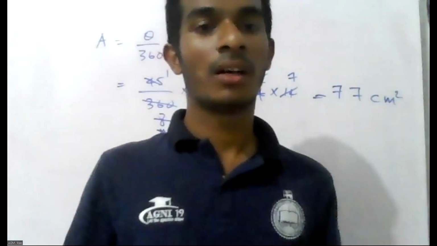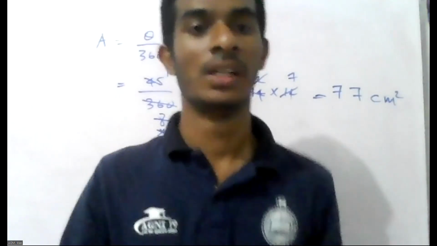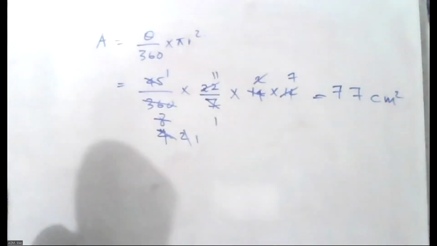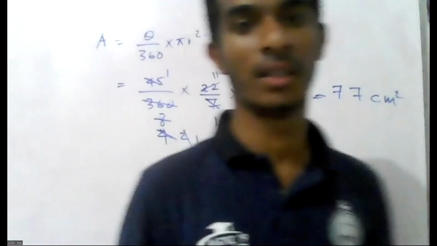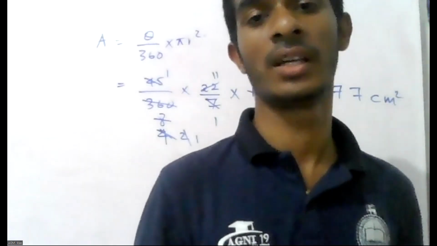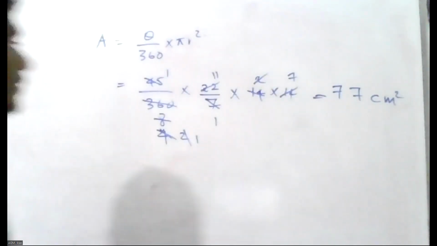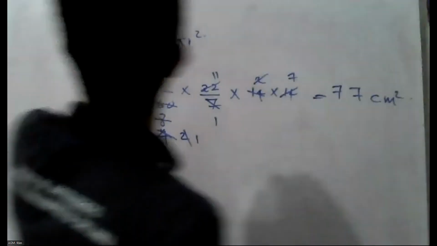If the area of the sector in the figure is 17 centimeters square, find the radius. Now question number 2, they have given the area, and this is the picture.